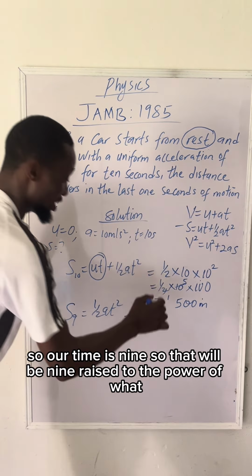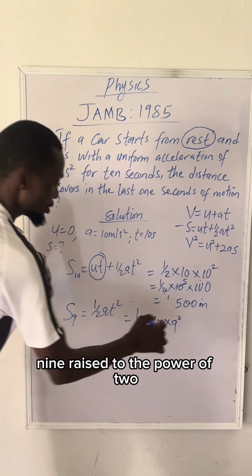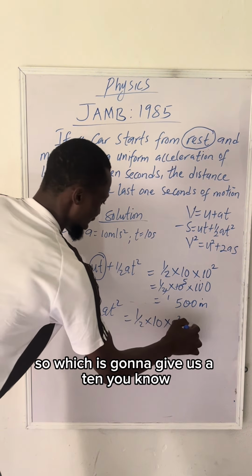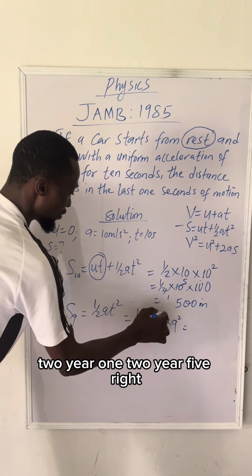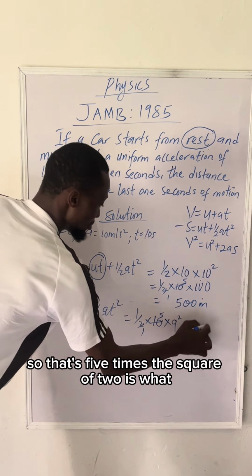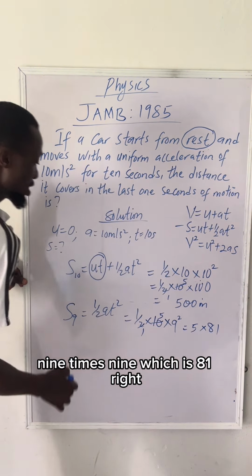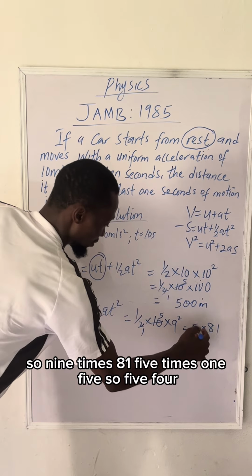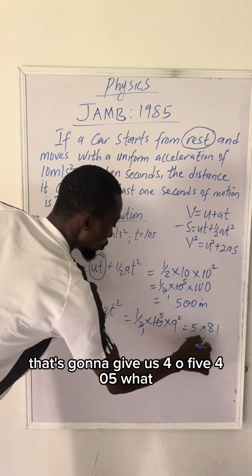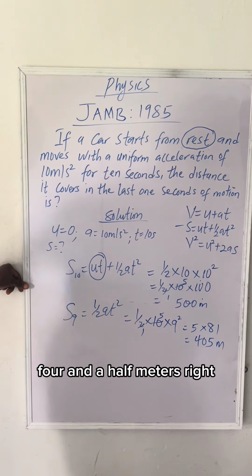So our time is 9. So that will be 9 raised to the power of 2. So 5 times 9 squared, and 9 times 9 is 81, right? So 5 times 81 is going to give us 405. 405 meters, right?